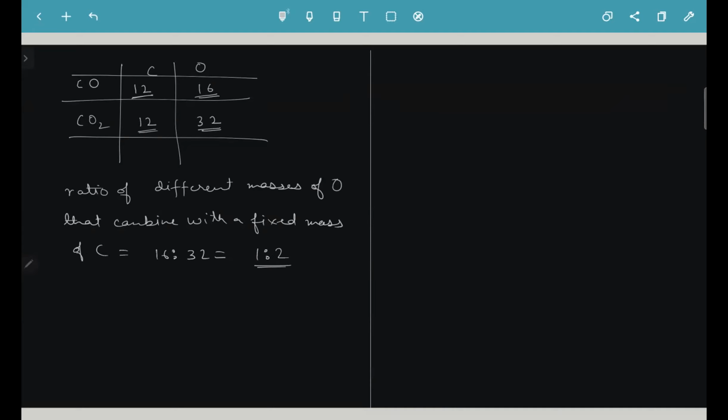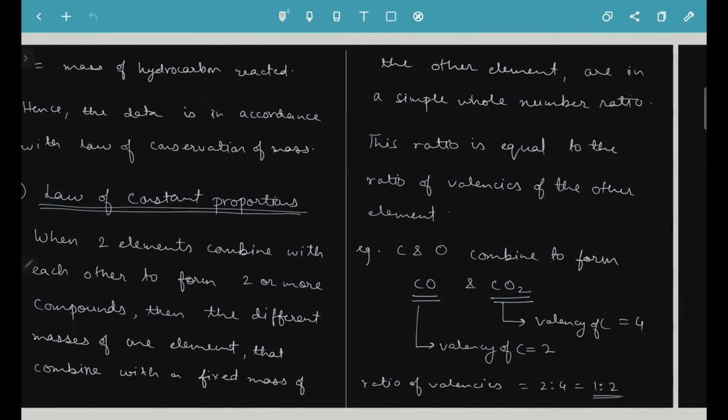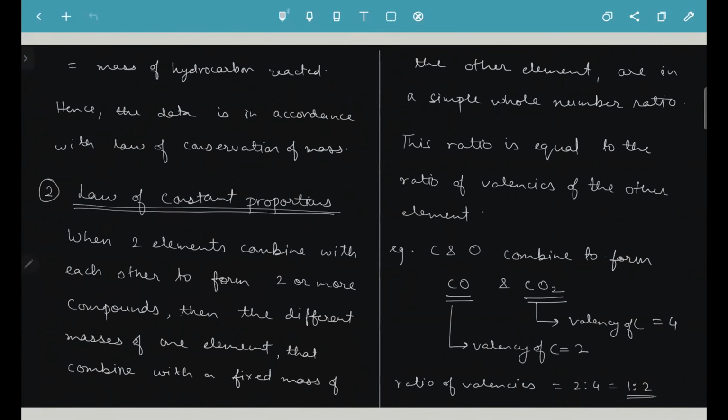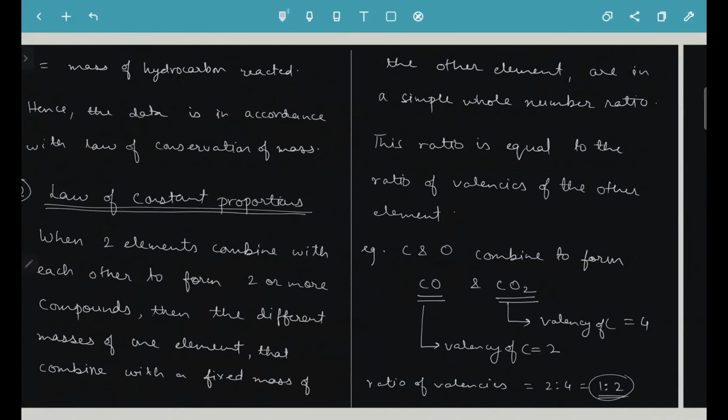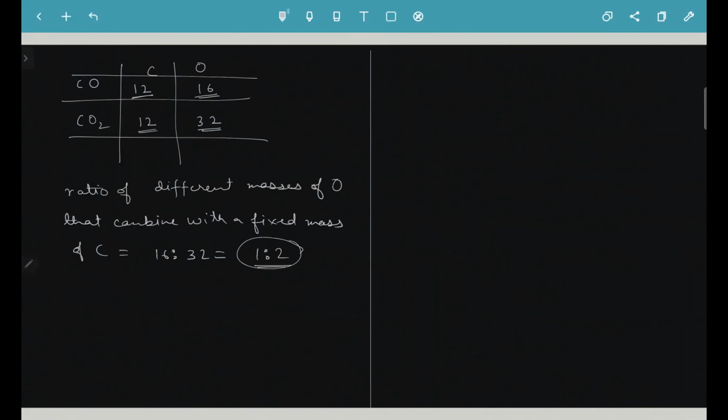And this ratio is the same as the ratio of valencies of carbon. The ratio of valencies came out as 1:2, and the ratio of masses of oxygen also came out as 1:2. Hence, this is the illustration of the law of constant proportions.